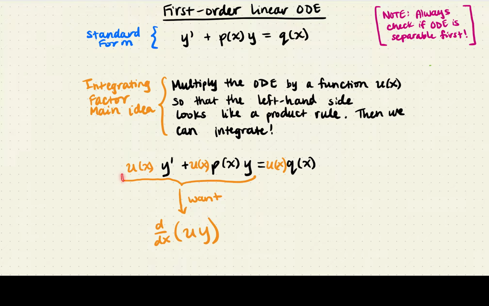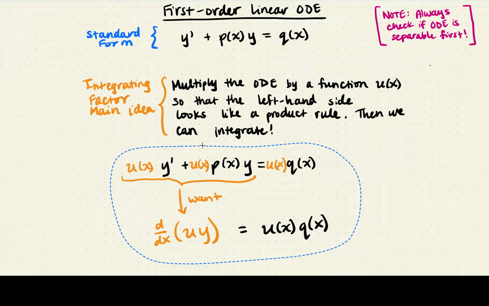So we want to go backwards. We want to start from a fully fleshed out product rule and put it back into the form d dx of two functions multiplied together. And then we just leave the right hand side alone, u of x times q of x. Okay, so that's what we want.